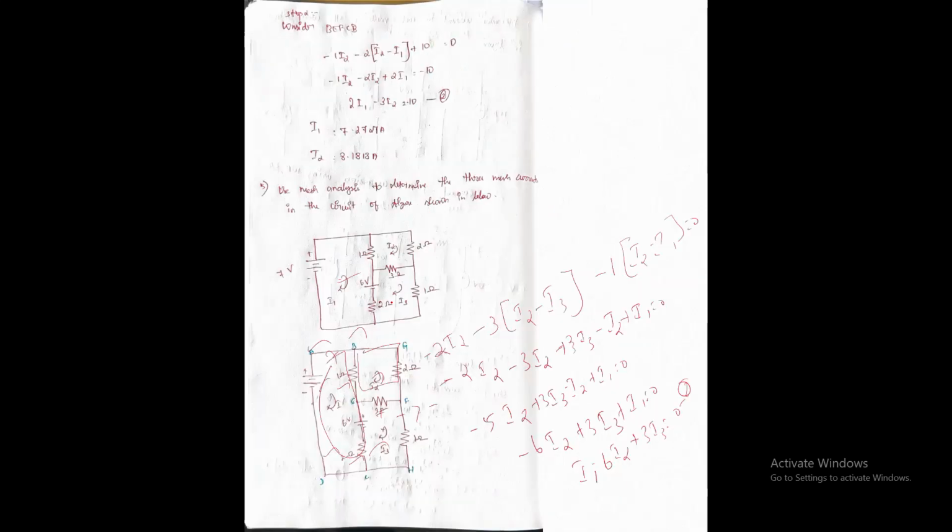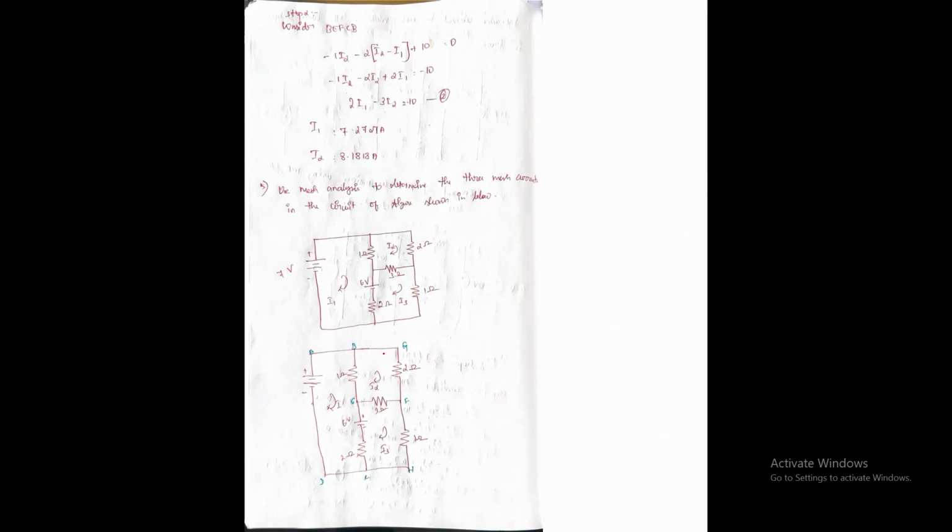Next, from the third loop, E, F, H, C and E, the equation is formed. The 3 ohm resistor has I3 and I2, so minus 3 into (I3 minus I2); the 1 ohm gives 1 into I3; the 2 ohm gives minus 2 into (I3 minus I1); and the source gives plus 6 equal to 0.